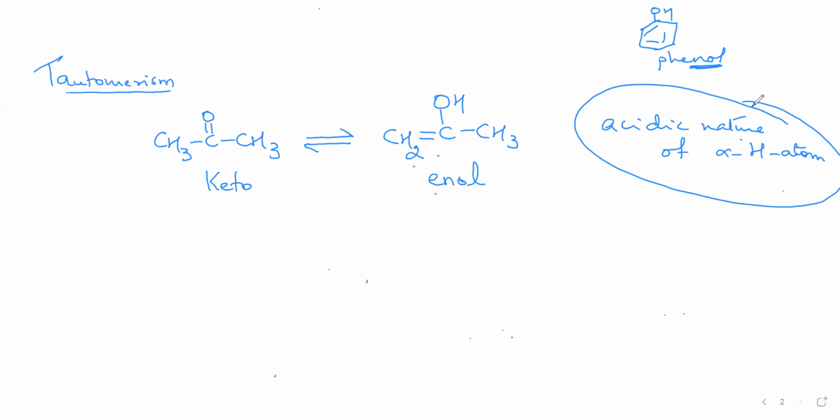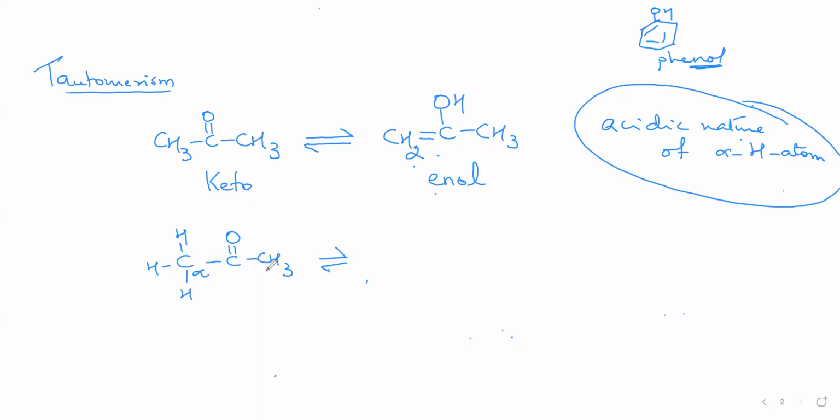Now, what do I mean by this? I'll just explain it. Do you know what is an alpha carbon? The carbon joined to the functional group is the alpha carbon. Now, this is the functional group. These are the carbon atoms joined to the functional group.